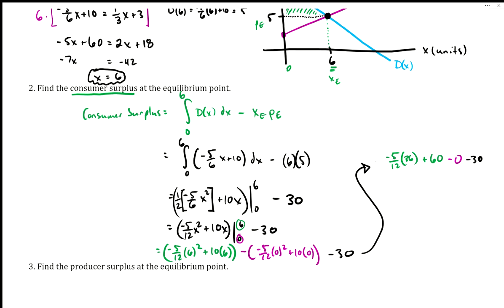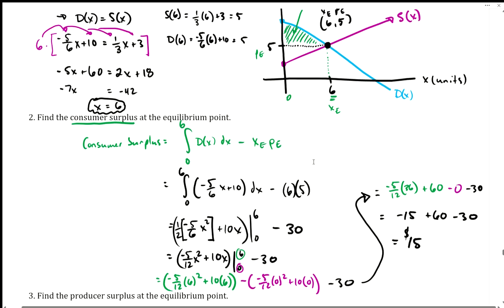Still just keeping track of everything. We do have a fraction here that would simplify, and we could use a calculator to help us with this, but it would simplify to negative 15, and then still plus 60, still minus 30. And when we simplify it all the way, we get 15. So the consumer surplus is $15.